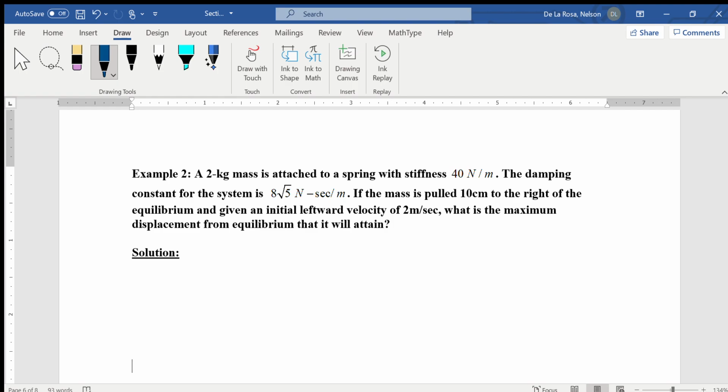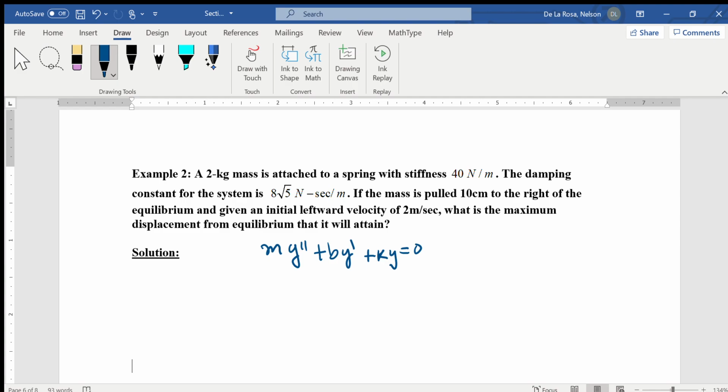So first of all, we have to solve a differential equation that in general form is given by m y double prime plus b y prime plus k y equals 0.